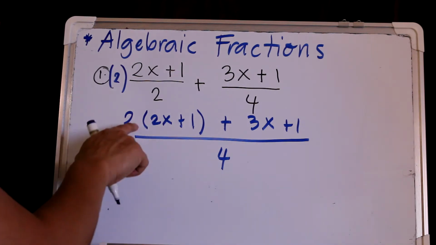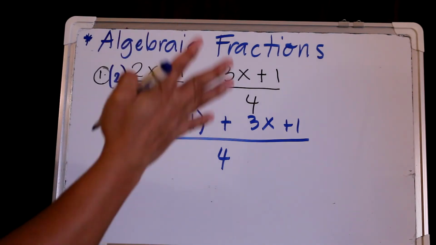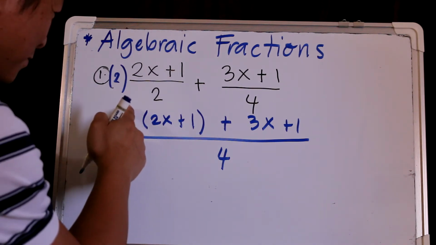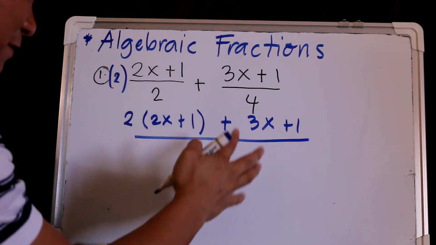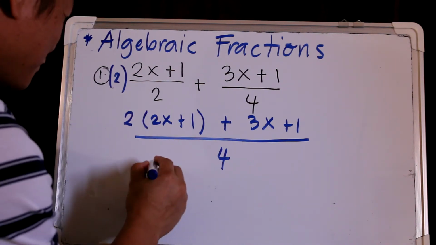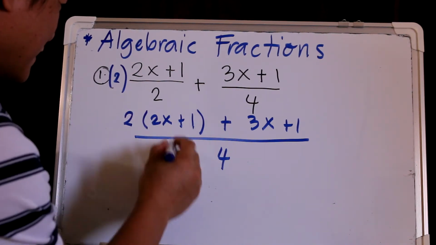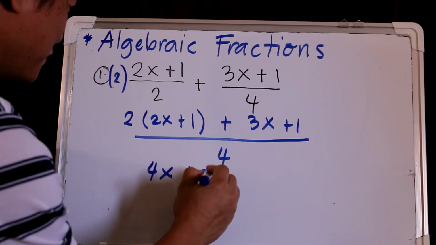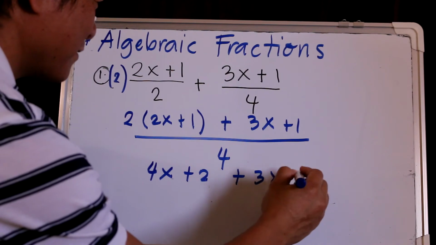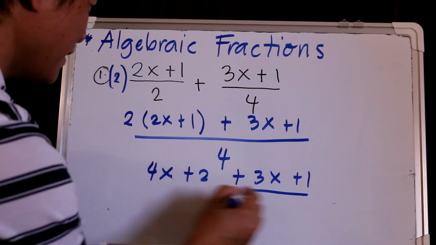So this becomes the same denominator, and we can now add and multiply. But see this? There is a bracket. So what we're going to do is we will expand the bracket and then simplify. So 2 goes with that. That means 4x plus 2 plus 3x plus 1, divided by 4.